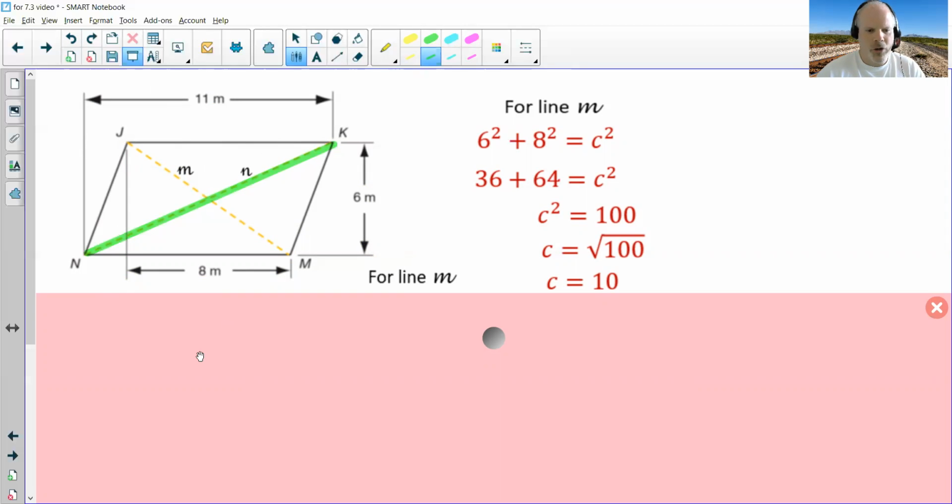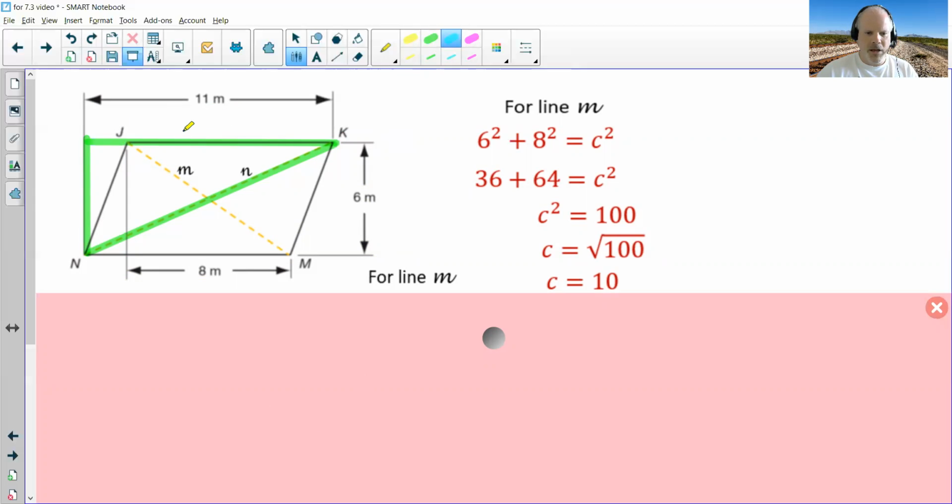So we need to construct another right triangle, and we can do that by continuing this triangle up, and then from there to the right. So now I have a right triangle marked in green, and I know its side lengths.